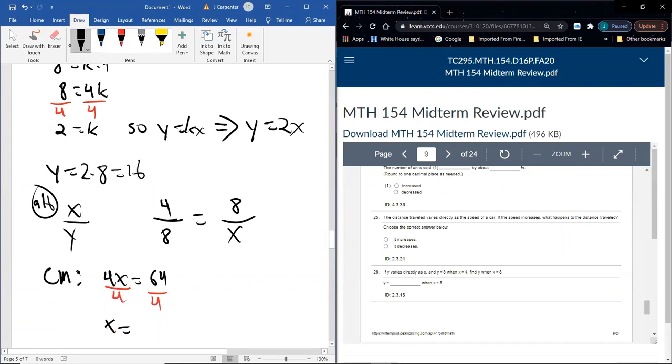I wrote y. That's kind of a confusing letter, isn't it? I wrote an x here for an unknown, but I'm calling these x's. So that's probably a bad idea. Forgive me for that. Let's use n instead. So when we divide both sides by 4, the unknown value, which is a y value, is still 16.